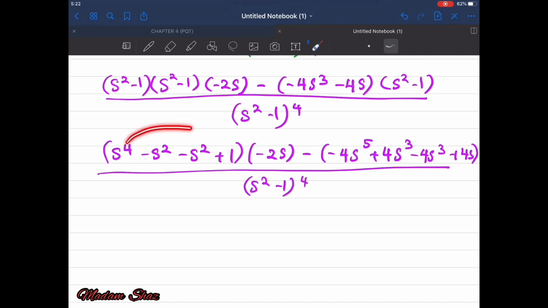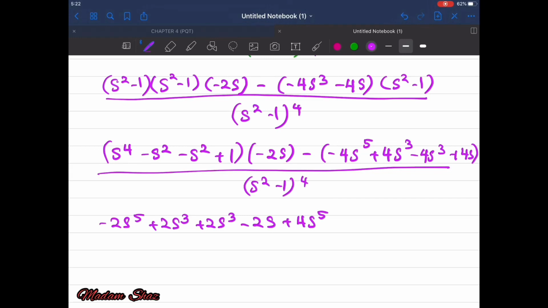So now simplify s the power of 4 multiply negative 2s. So negative 2s the power of 5. Negative s square multiply negative 2s, positive 2s cubed. Negative 1 multiply negative 2s, positive 2s. Negative multiply with the positive 4s to the power of 5, negative 4s to the power of 5.